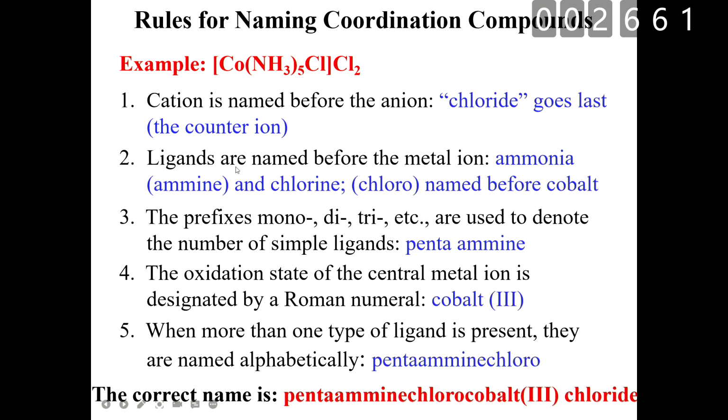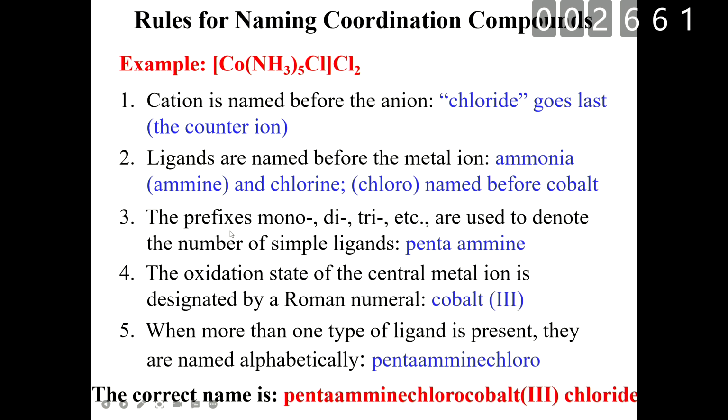2. Ligands are named before the metal ion. So in the complex part, the ligands should be named before the metal. So here, these 2 should be named before the metal.